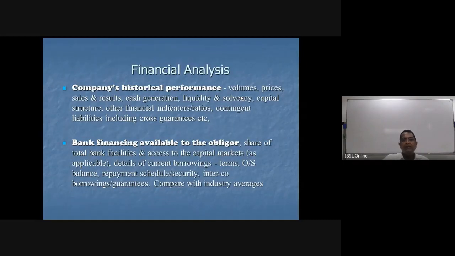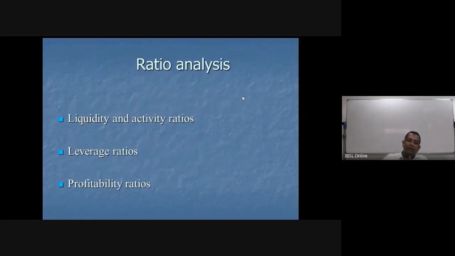Financial analysis: the company's historical performance, what the margins and ratios are, what bank facilities they have, whether they have enough credit lines to fund the working capital part. Then all the ratios we discussed: liquidity, leverage, and profitability ratios.